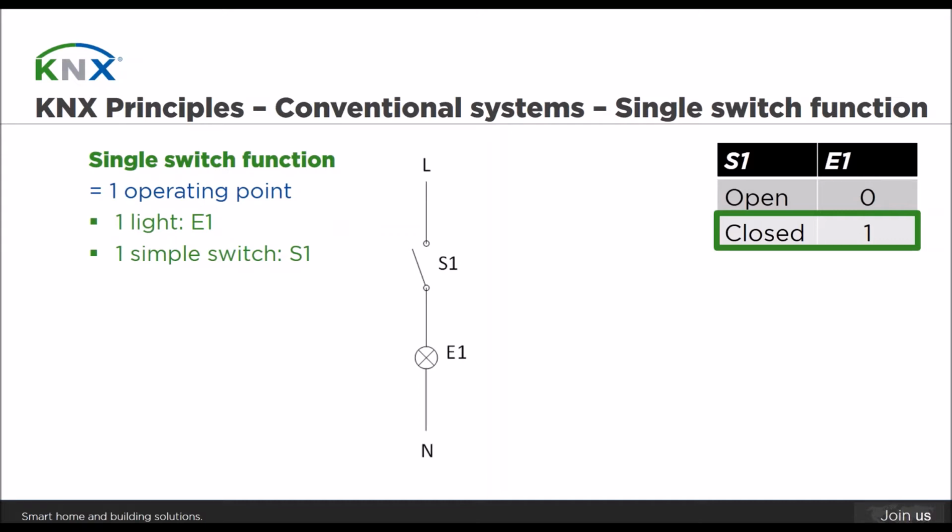In fact, the status of the lamp E1 depends directly on the status of the switch. If the switch S1 is open, then E1 is 0, which means that the light is switched off. Whereas if S1 is closed, then E1 is 1, which means that the lamp is switched on. Simple. And that is shown in the truth table that you can see in the upper right corner.